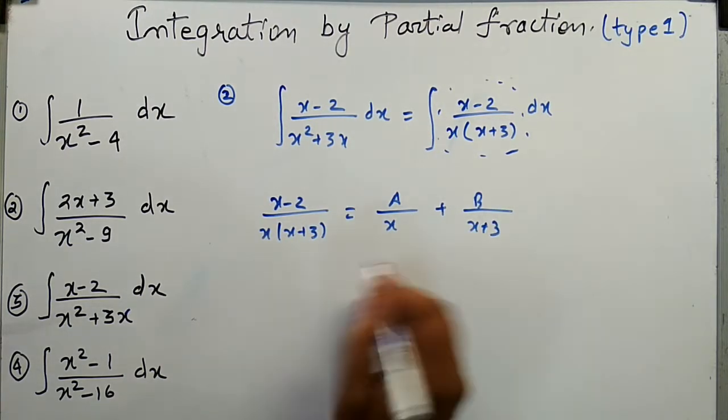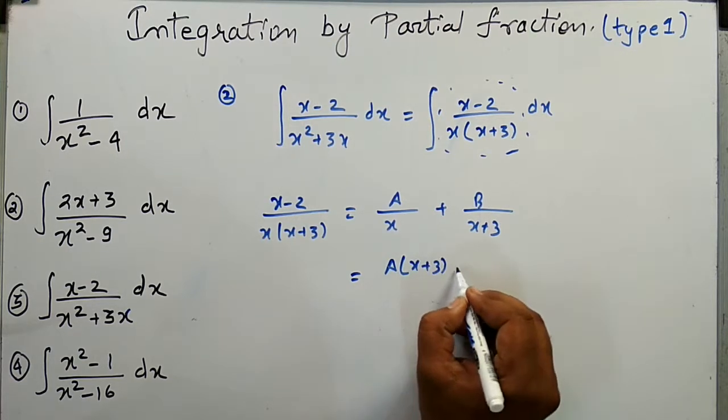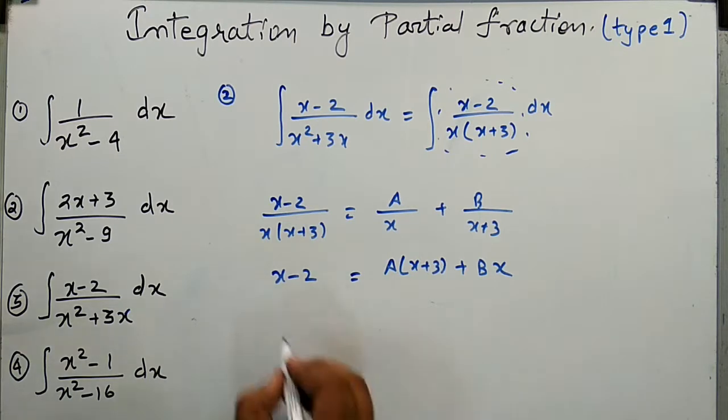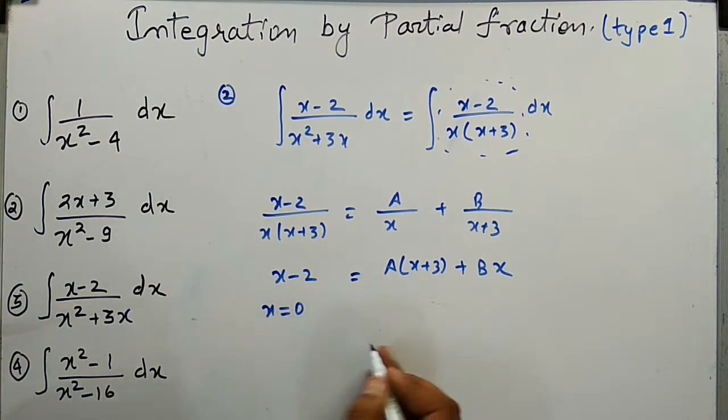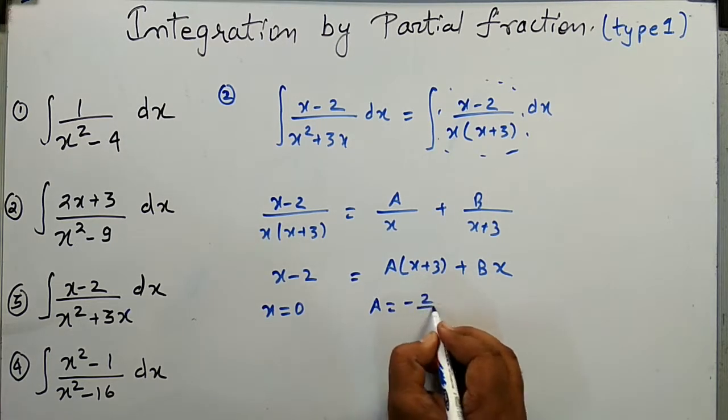If you take the LCM, I am doing it quickly, a into x plus 3 plus bx would be equal to x minus 2. Now if you put x equals 0, you can find the value of a directly, and the value of a would be equal to minus 2 by 3.